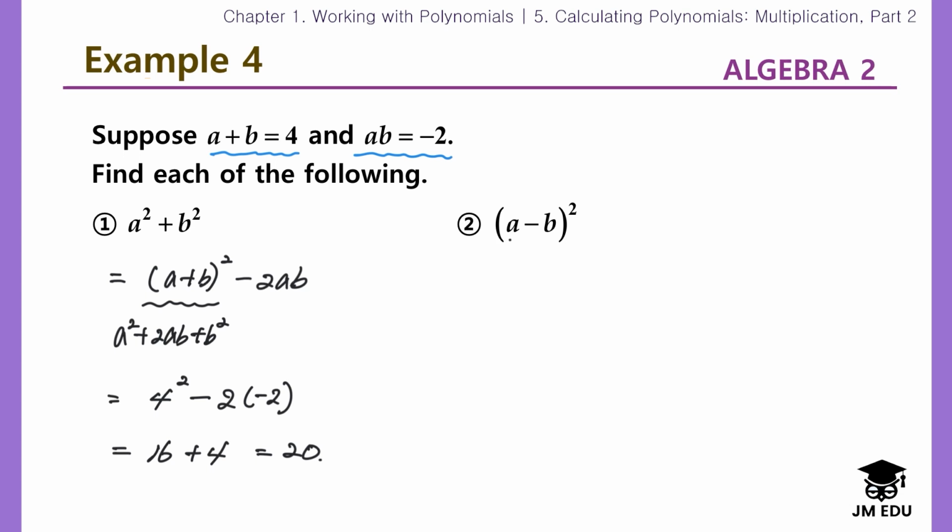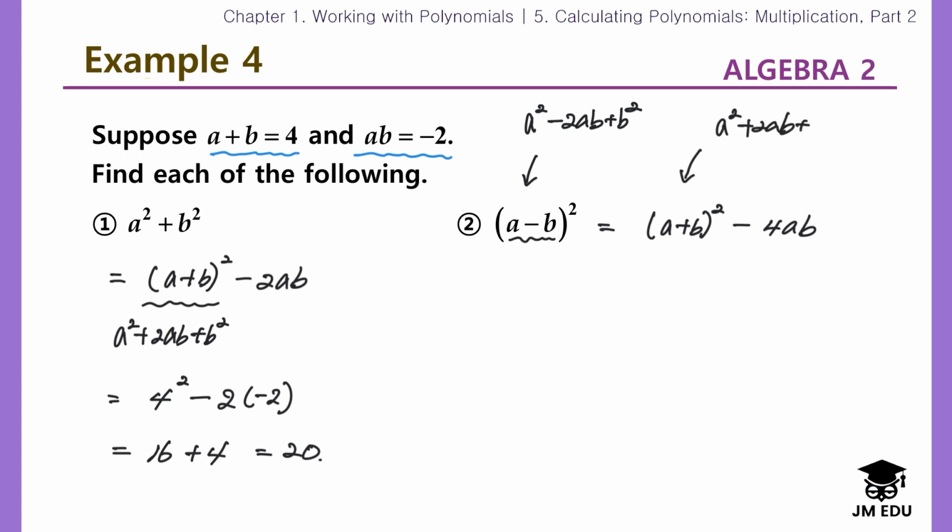Okay, number 2. We have a minus b squared, right? Remember, a minus b binomial square can be written as a plus b squared minus 4ab, right? Because this term right here, that's a squared minus 2ab plus b squared. And this expression right here, a squared plus 2ab plus b squared.